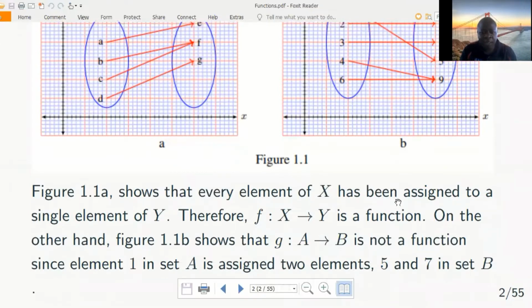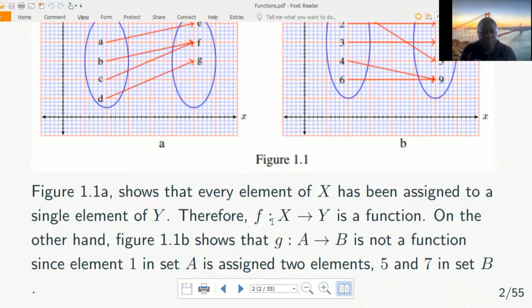And the other thing that is very important here is that every element of X must be assigned a single element of Y. So therefore, F, which assigns elements of X to elements of Y, is a function.